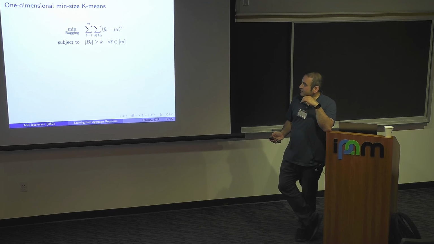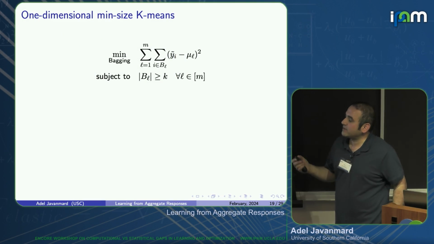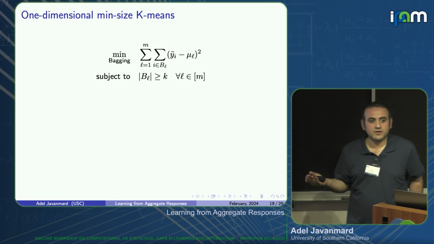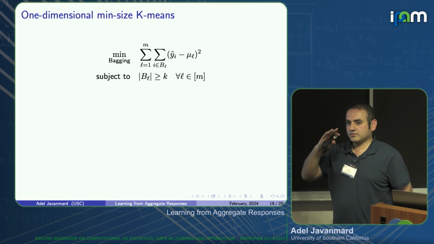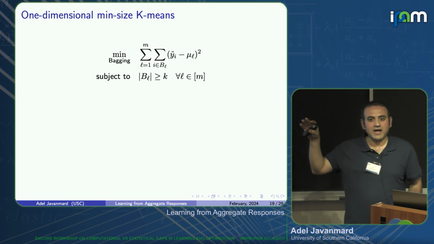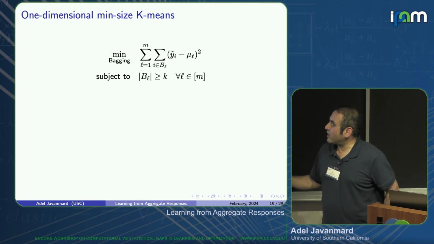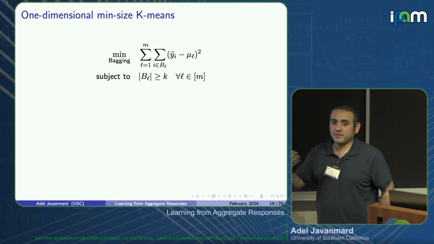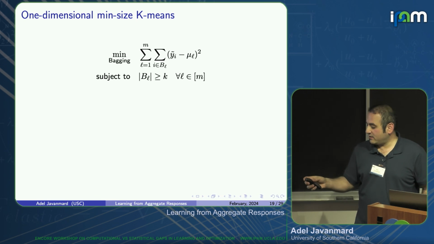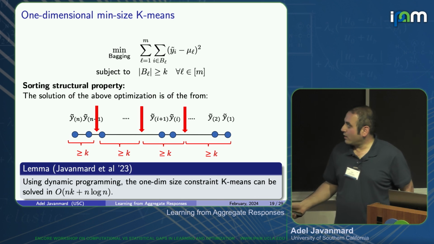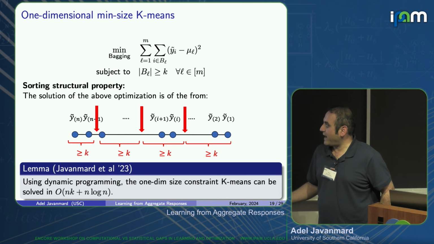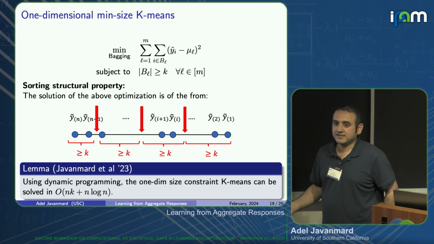Now, if we do this, then you just have a one-dimensional minimum size k-means clustering problem. Okay? This is the very high-level intuition that we had from the beginning. If you have some approximation of the individual responses based on the prior, you just need to sort them and then put them into different bags, but each of them should be of size at least k.